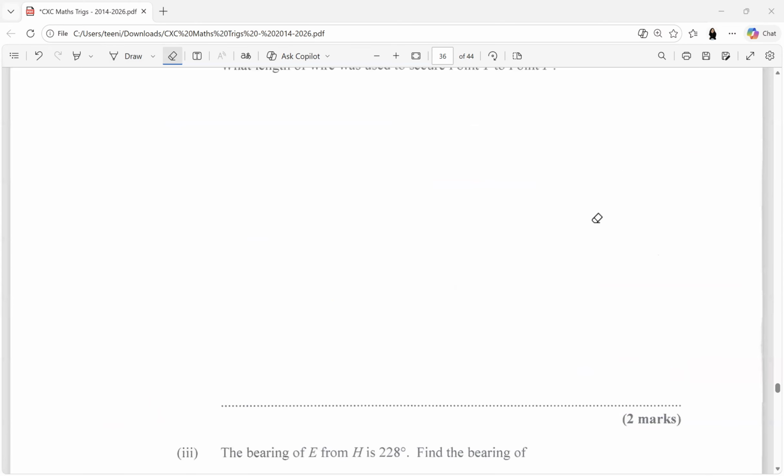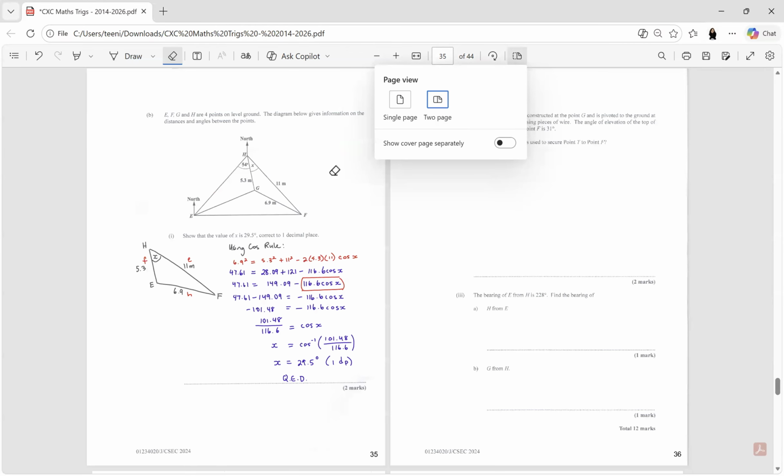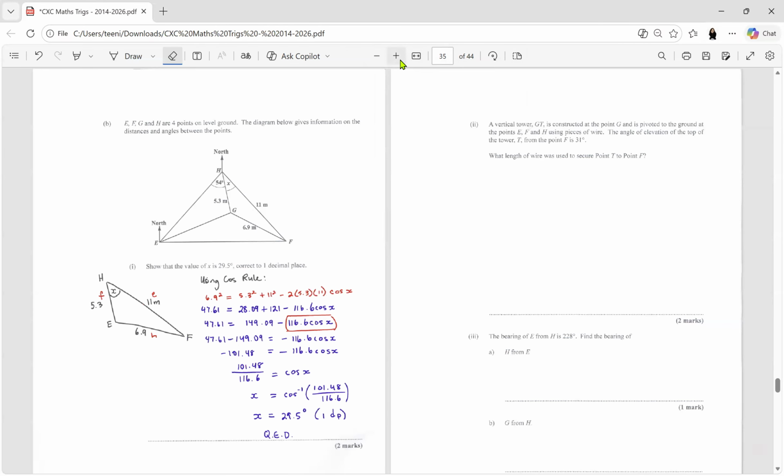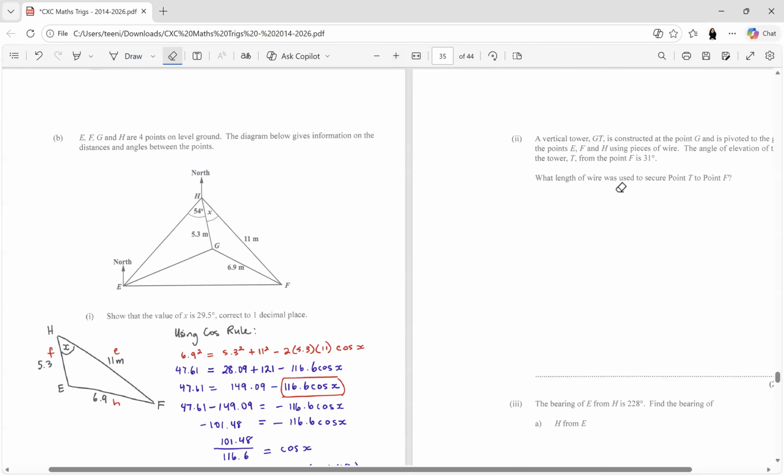All right, so let's look at the next question. Let me put this side by side. I know it's small, but hopefully as I read it, you'll be able to make sense of it too.